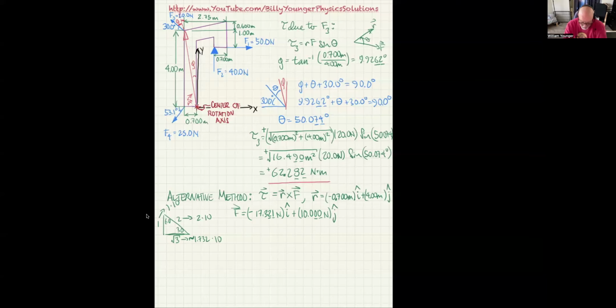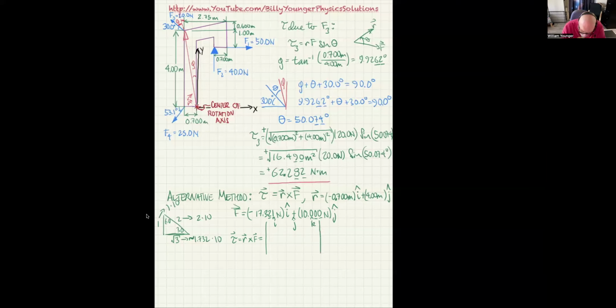So now we have R and F as vectors in ijk notation. R cross F, the torque, is the determinant of a matrix. And if you write a matrix with absolute value bars instead of bent ones, that's understood automatically to be the determinant. So I can just write i hat, j hat, and k hat as my first row.